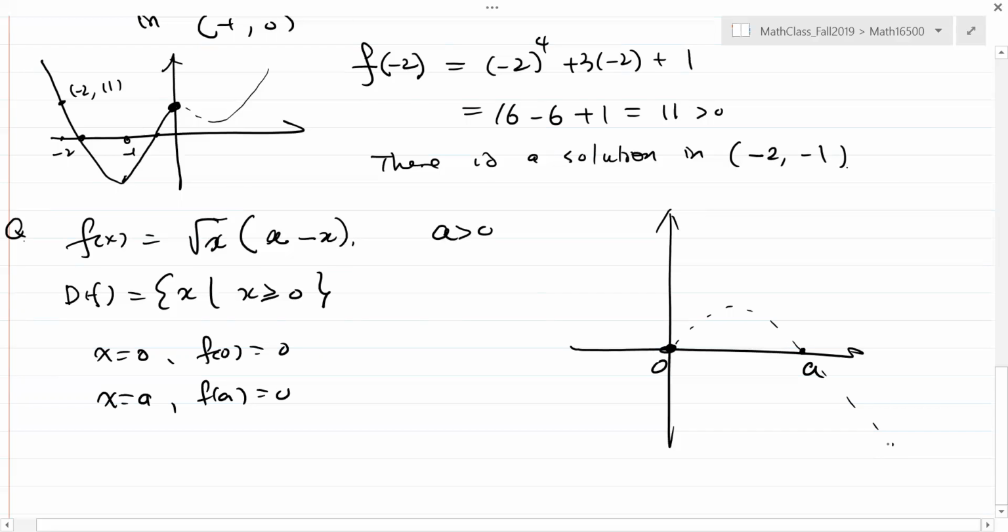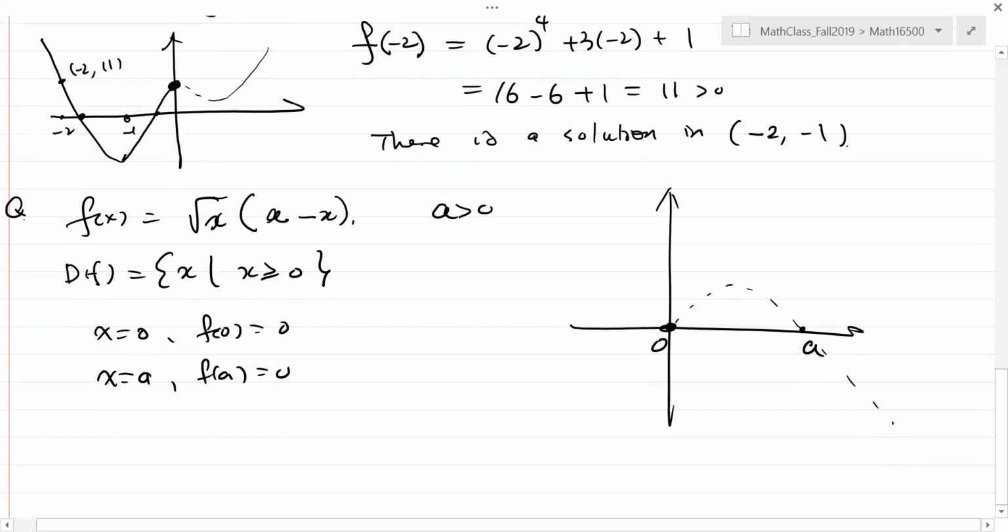You immediately can see the graph. When x is between 0 and a, the function is positive, so the graph is above the x-axis. When x is greater than a, a minus x is negative, so that's why it's below the axis.